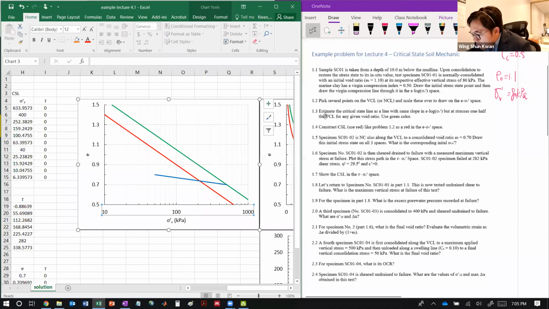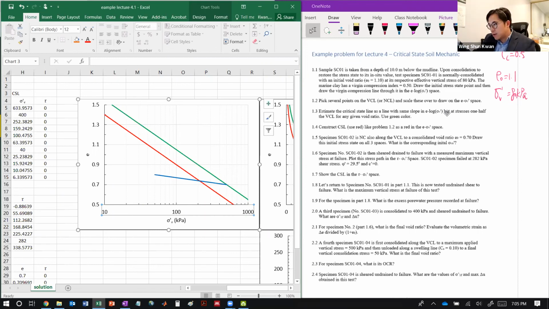That's 1.2. 1.3 asks you to estimate the critical state line with the same slope, because the critical state line is parallel with the normally consolidated line. This gives you some help here. In the real world, you need to do a couple of tests to find the failure points.